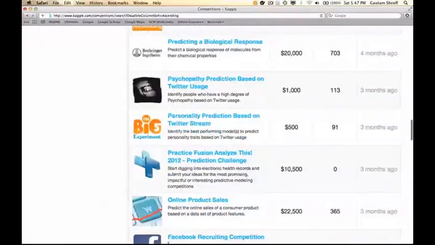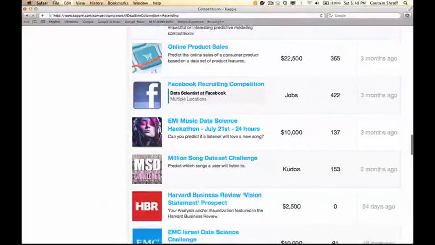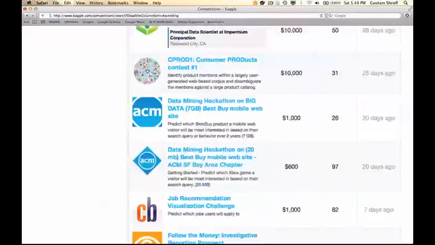For example, there's this one about online product sales, predicting the online sales of a consumer product based on its features. Some of that data I've used in the latest programming assignment. There are others about different topics, such as very large-scale data mining using big data posted by Best Buy. We're talking about mobile web data and figuring out which products a user will be most interested in.